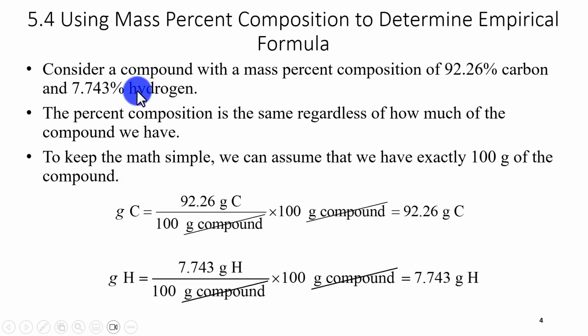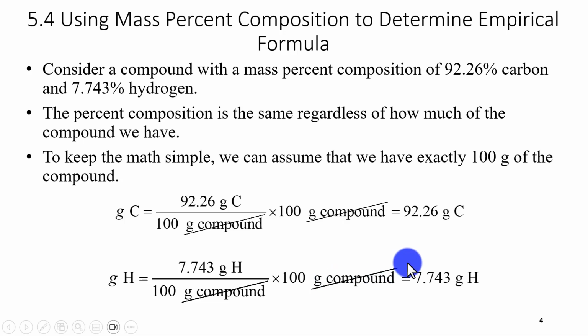When I go to calculate the grams of hydrogen from the percent composition of hydrogen, I will take 7.743%. That tells me that out of 100 grams of a compound, I have 7.743 grams of hydrogen, multiplied by 100 grams.